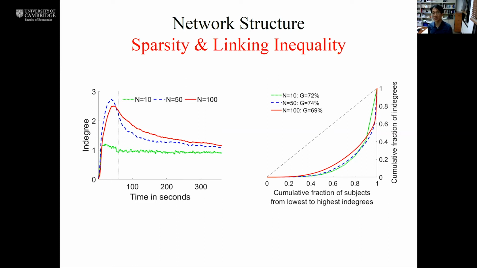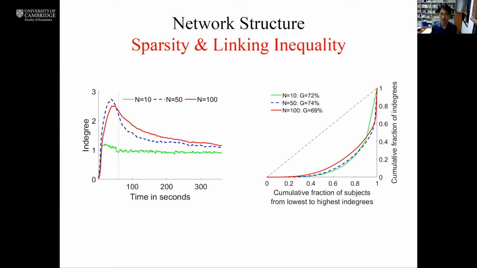On the right-hand side, this is showing the linking inequality by drawing the Lorenz curve and also the Gini coefficient. I assume that you remember well how the Gini coefficient is computed and how the Lorenz curve is drawn. But if you look at this number called G in the legend, this is the Gini coefficient.